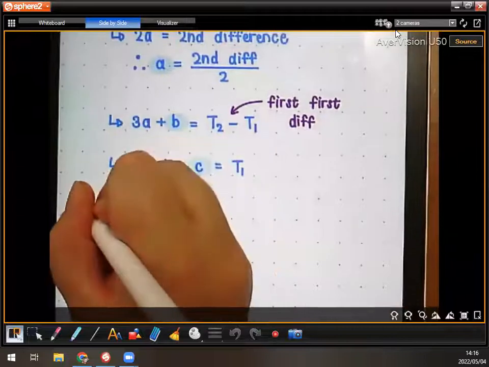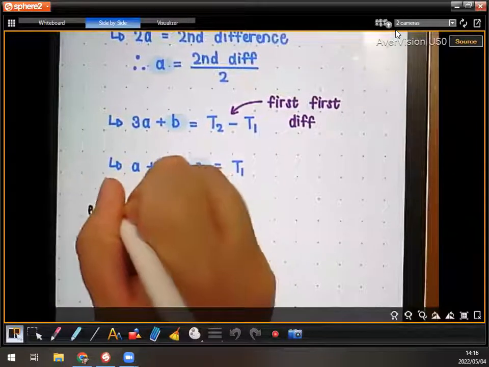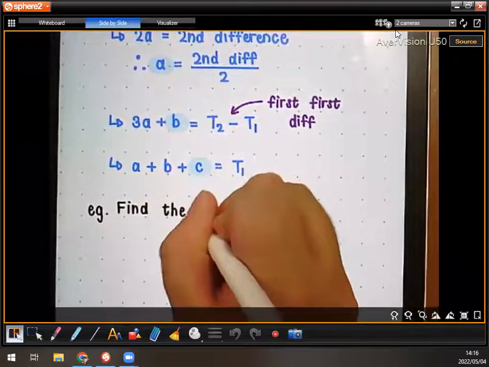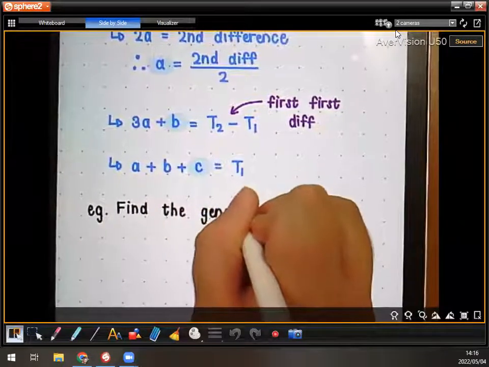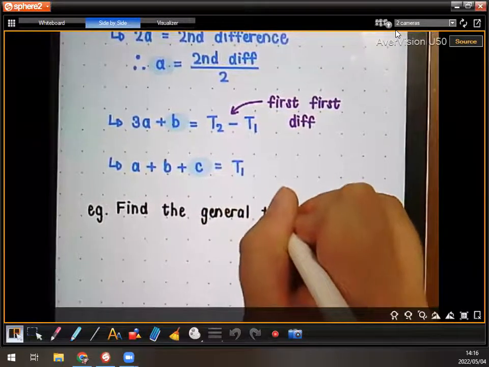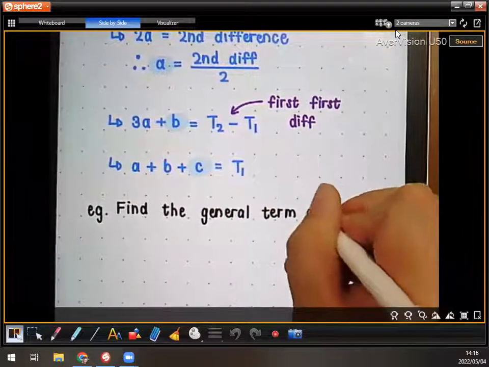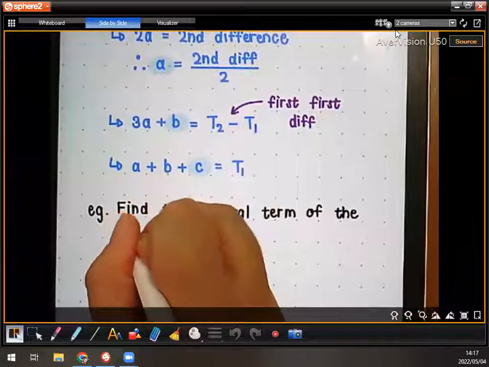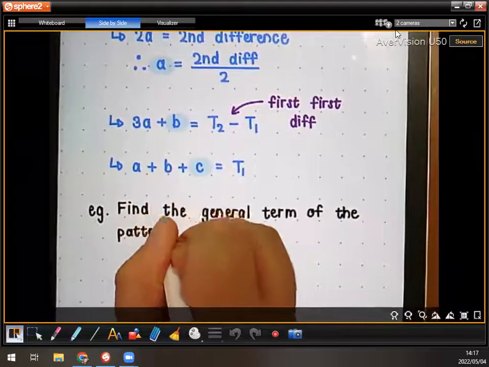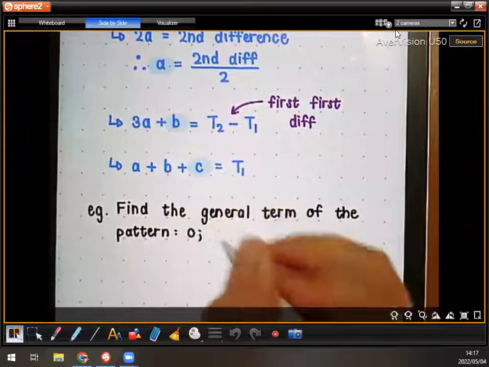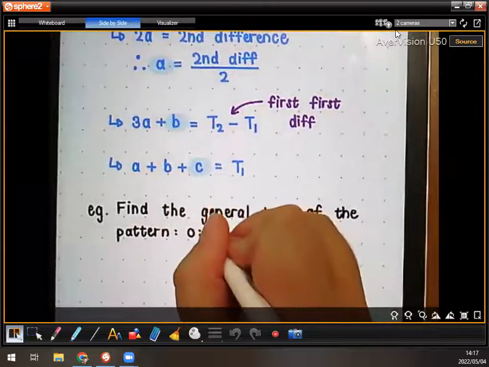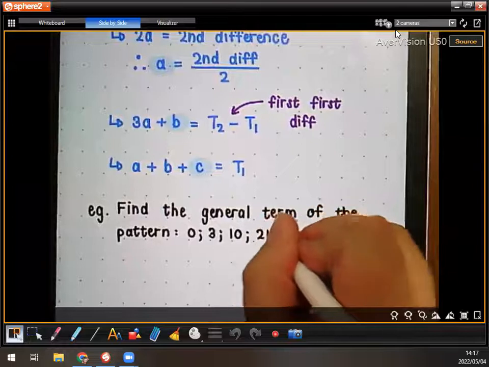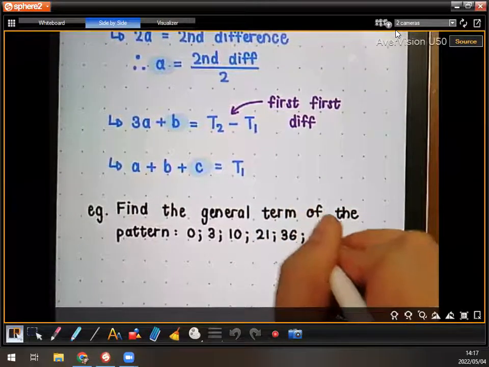Let's say, for example, find the general term of the pattern. I'm going to rewrite that number pattern: 0, 3, 10, 21, 36.